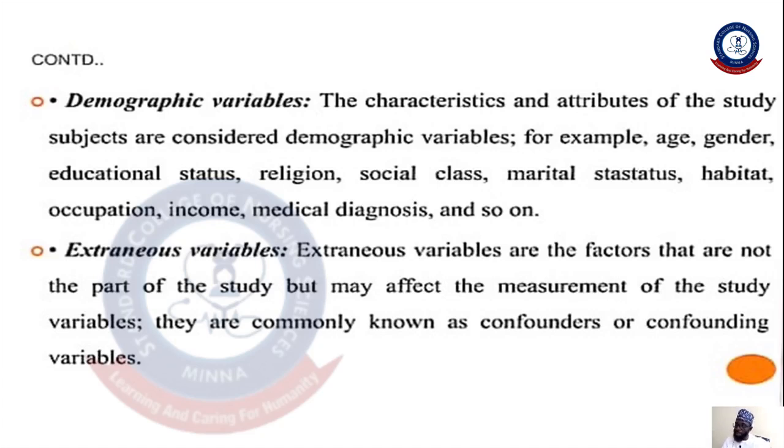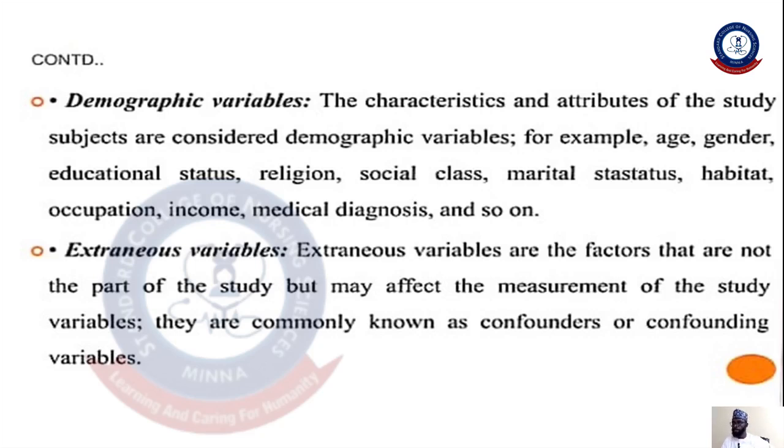Another example of variable is extraneous variable. Extraneous variables are the factors that are not part of the study, but may affect the measurement of the study variables. They are commonly known as confounders or confounding variables.